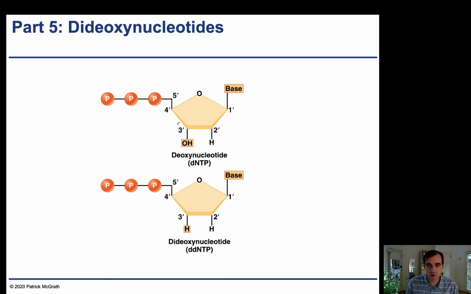So normally you have a nucleotide. This is obviously for DNA. If it was an RNA, there would be an O there. So this is a DNA, a deoxynucleotide. You have the 3 phosphate groups attached to the 5' carbon, and then attached to the 3' carbon is an OH.